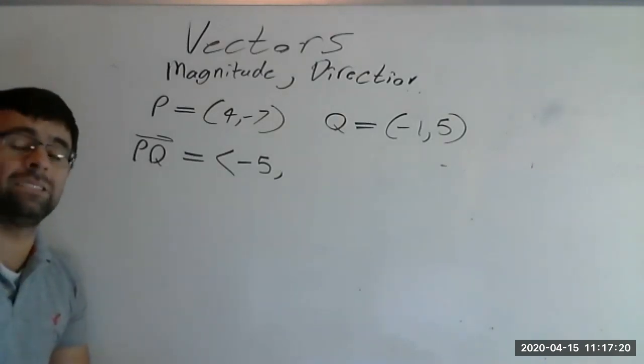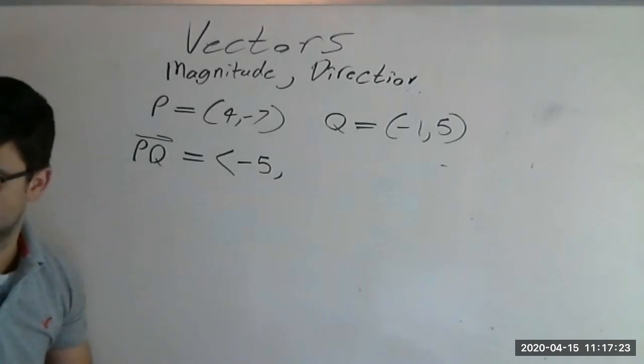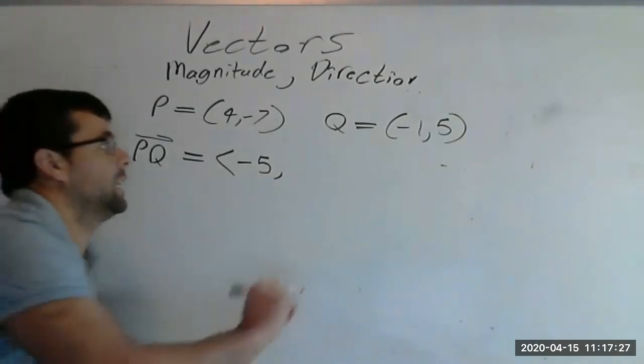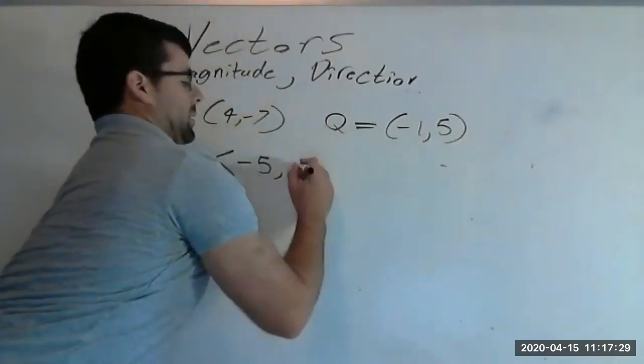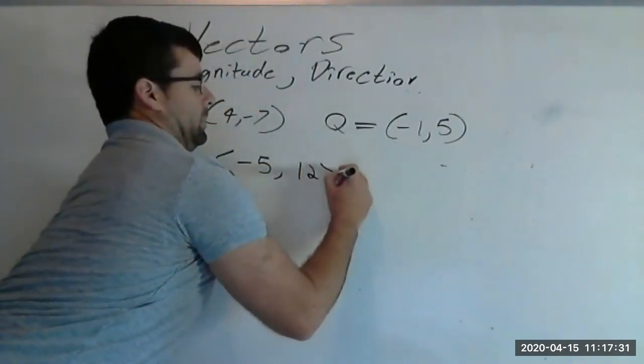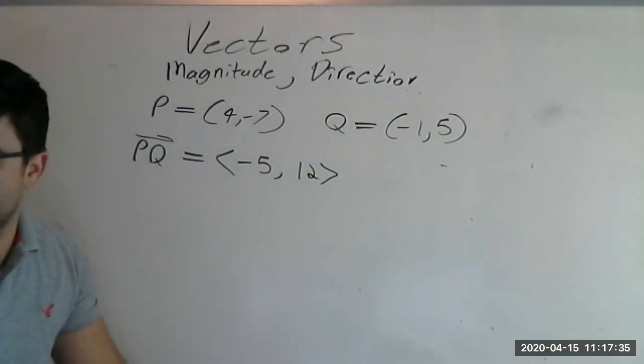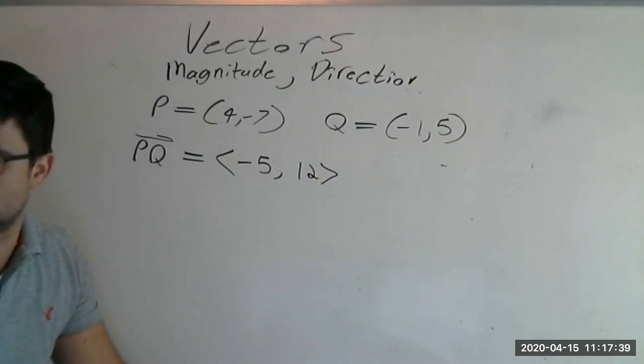If you add 9 to negative 7, what do you get? Sorry, I got positive 12. I'm sorry. 12. I think I like that a little bit better. Okay. So, got there. This is the x and y component of this vector. So, what is the magnitude of this vector?